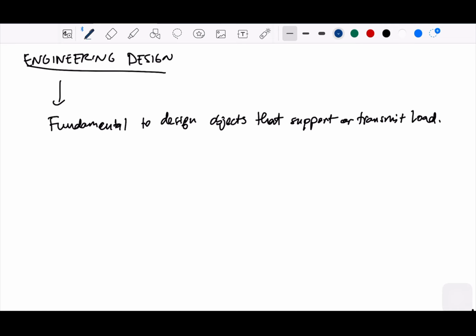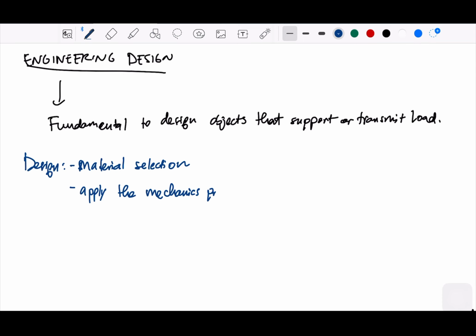The design itself involves material selection and applying mechanics principles. The idea, the conclusion, is that no failure occurs.